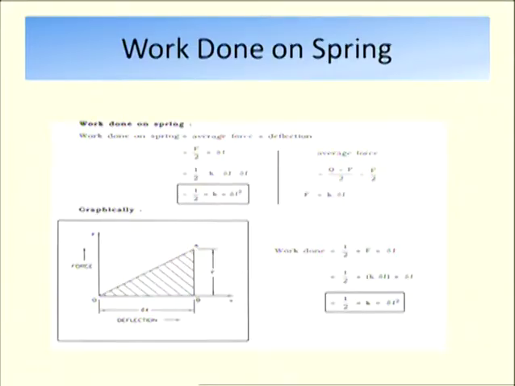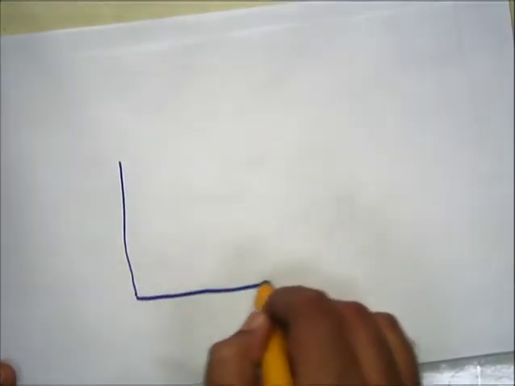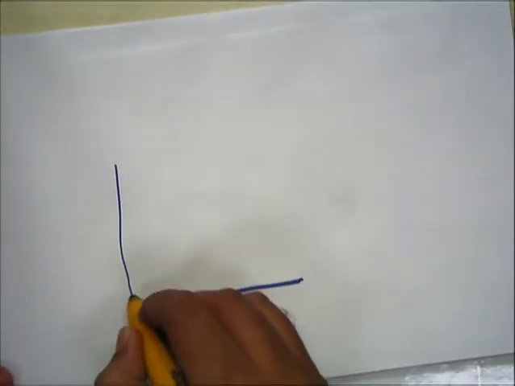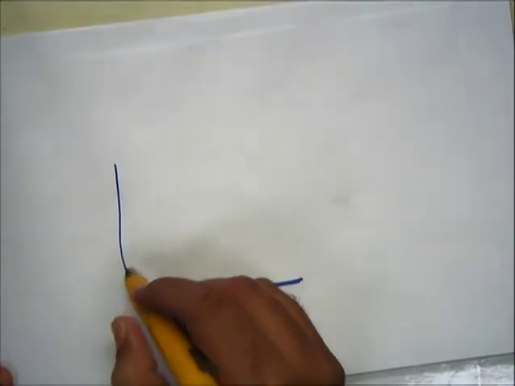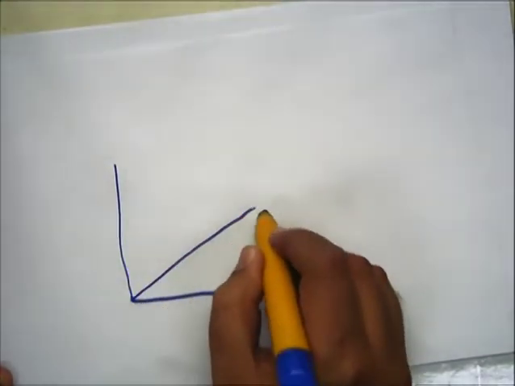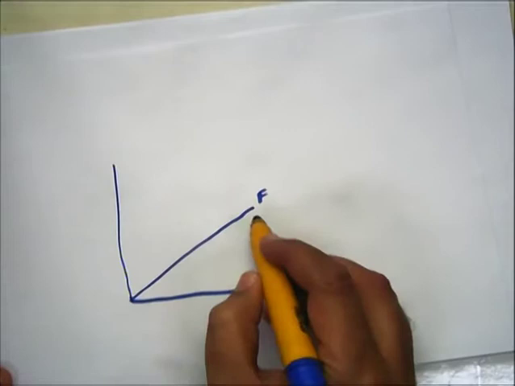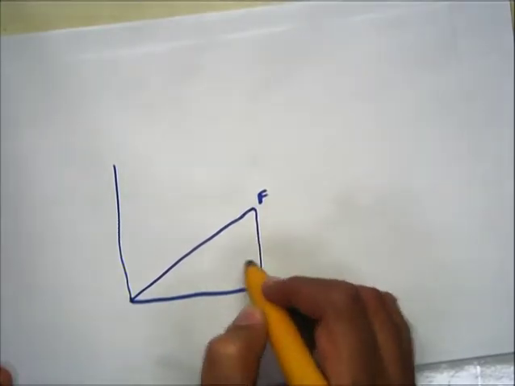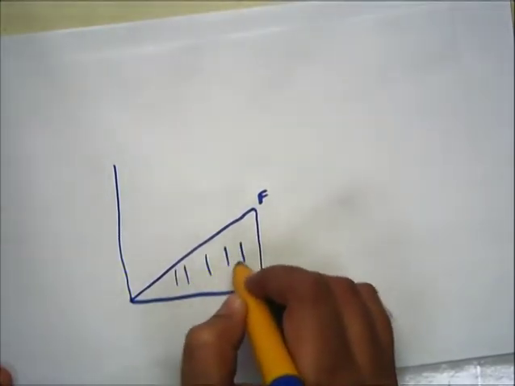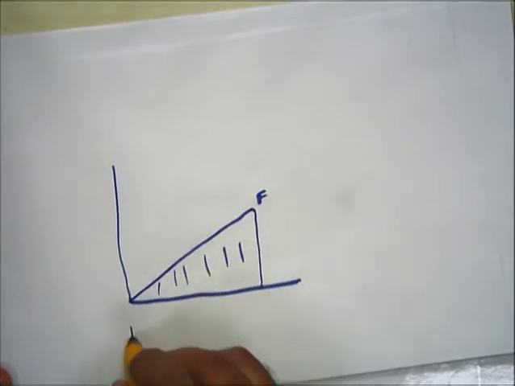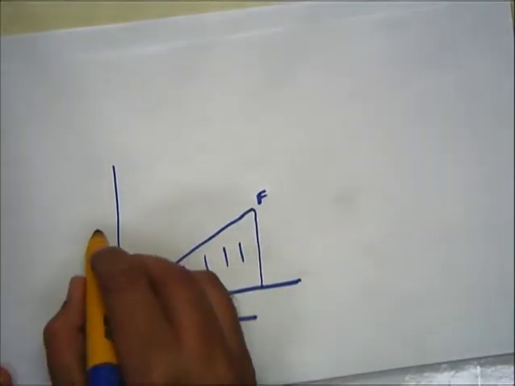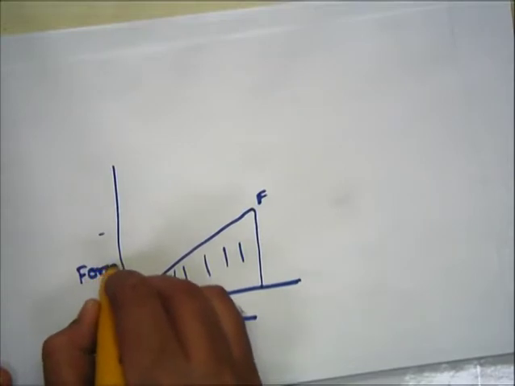You can see the slide. It can also be proved by the graphical method. Initially force is 0 and it increases up to F, and as we have discussed for variable forces, it is exactly the same case. Displacement is delta L and this is the force.